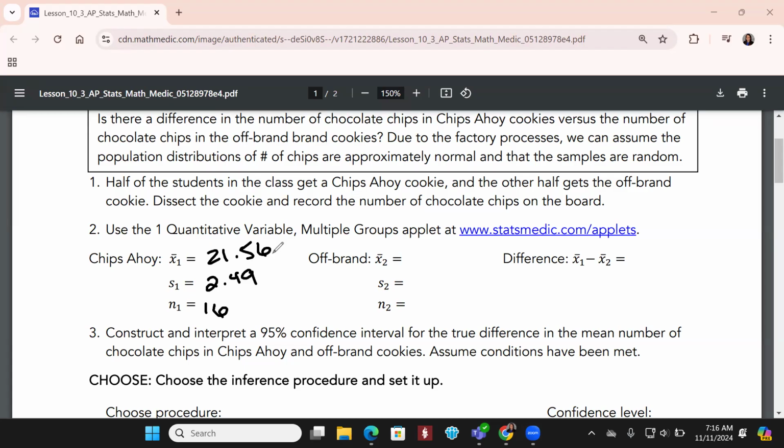For the off-brand cookie, you got a mean of 18.22, a standard deviation of 4.51, and n was 15. The degrees of freedom on this one should be 14, and on this one would be 15.